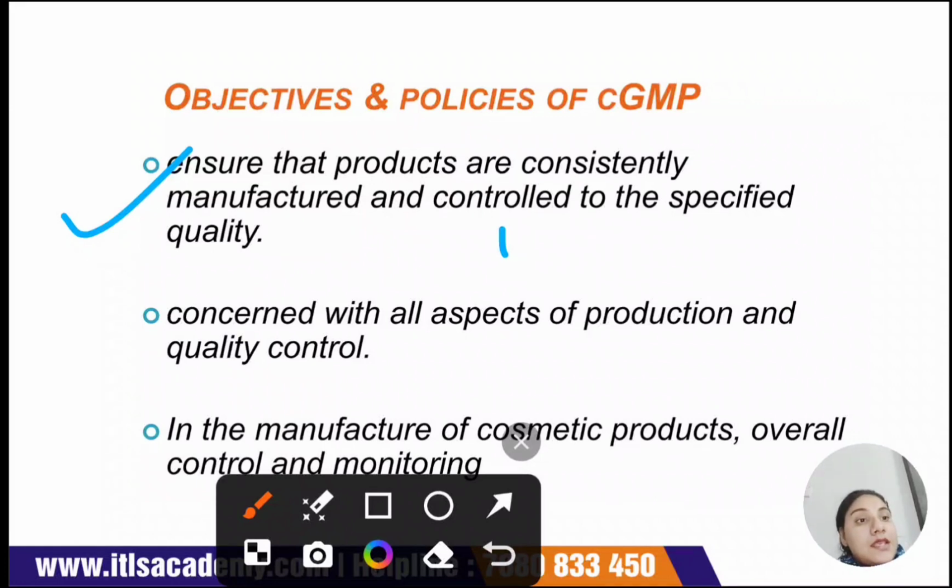That falls under the objectives, or policies, of the CGMPs. That is the reason why CGMPs are very important.